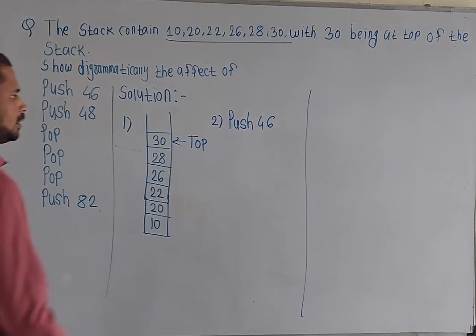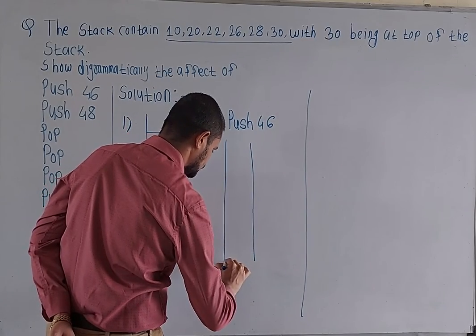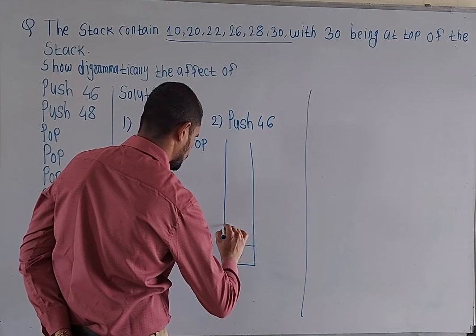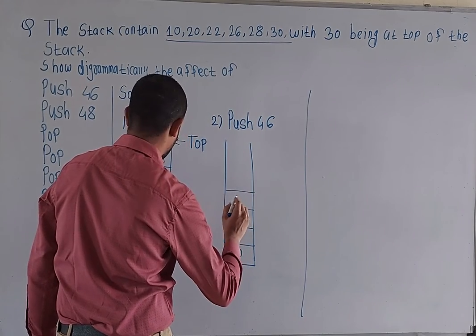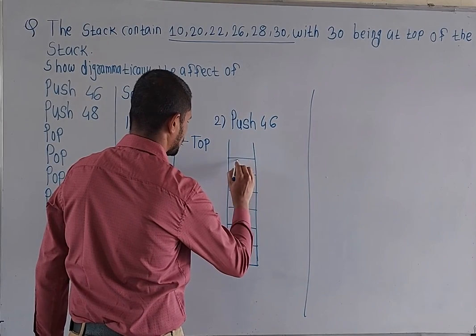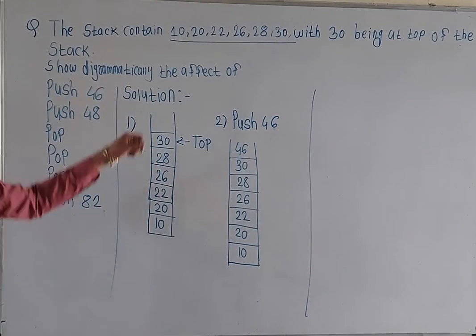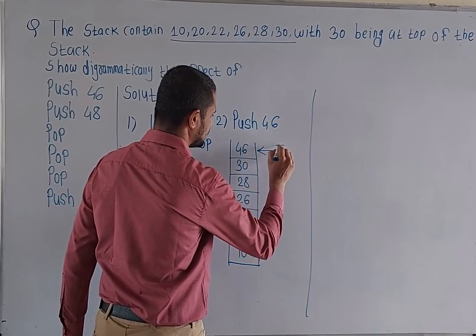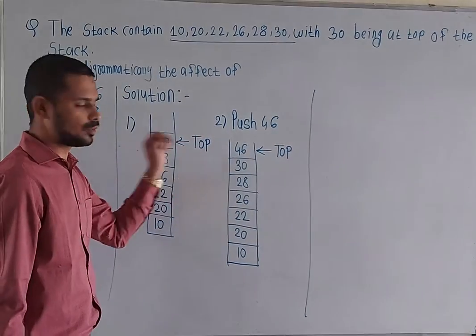So after the push 46, the stack will be this, and the top will be indicating 46. Top will be moved from 30 to 46.